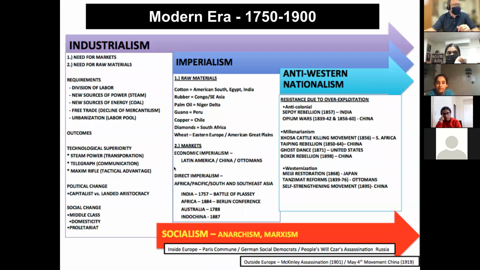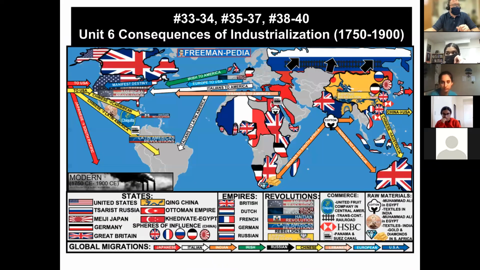And it goes to different regions and different movements. So I'm not going to read it to you. You can go back and look at it, but think of it as kind of causes and effects as you move from the left to the right. So that's what unit 6 is, the consequences of industrialization. If unit 5 is industrialization, unit 6 is the consequences of it.